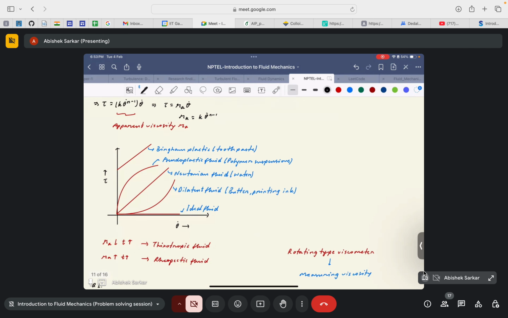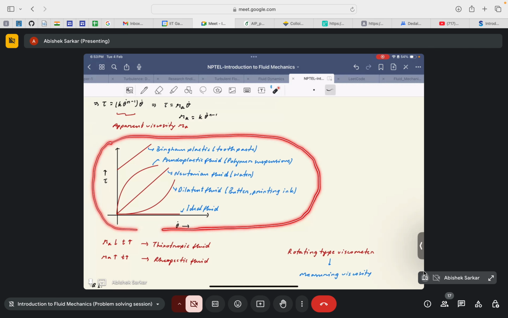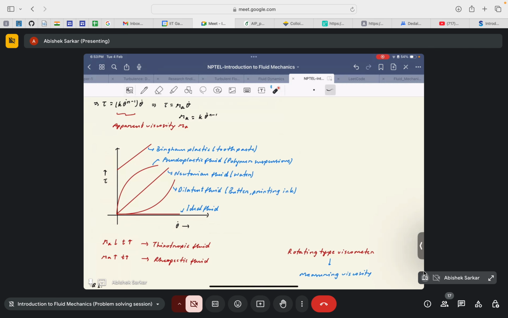Then there were some examples discussed by Professor Chakraborty of different kinds of fluids, and how the relationship between the shear stress and the shear strain rate varies for different types of fluids. In the case of an ideal fluid, since viscosity would be 0, no shear stress is generated, no matter how much we vary the shear strain rate.